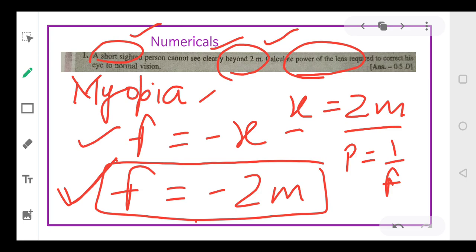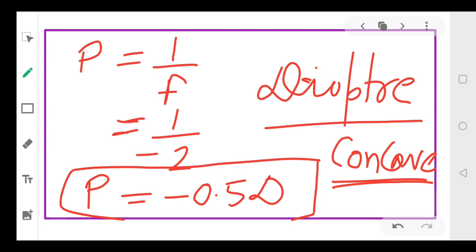The next formula that we will use is p is equal to 1 upon f. So 1 upon minus 2, so p is equal to minus 0.5 diopter. And since the power is in minus, we will use the concave lens. So the lens that is used is concave. I hope you understood, everyone.